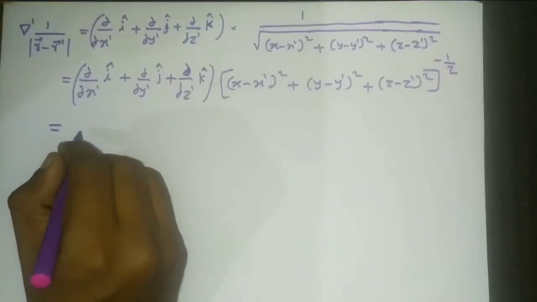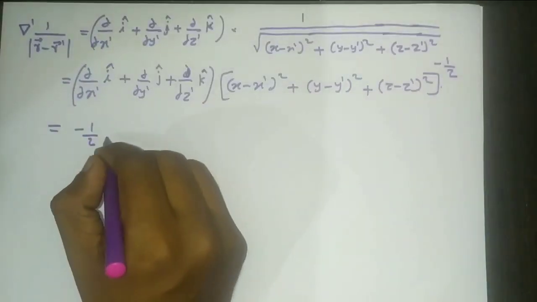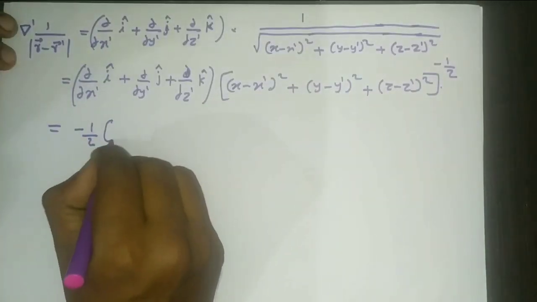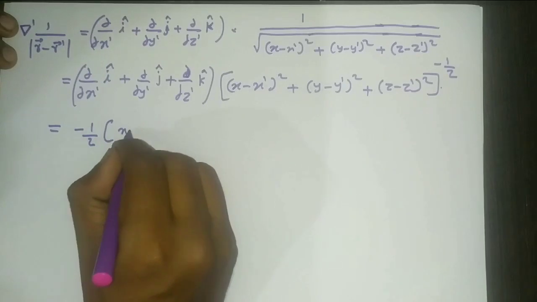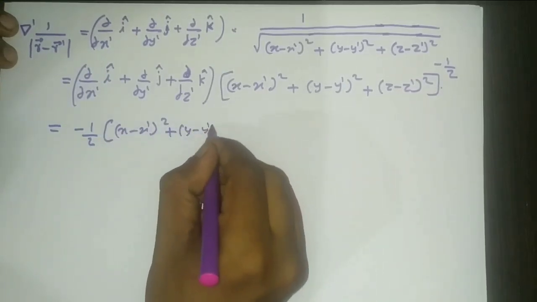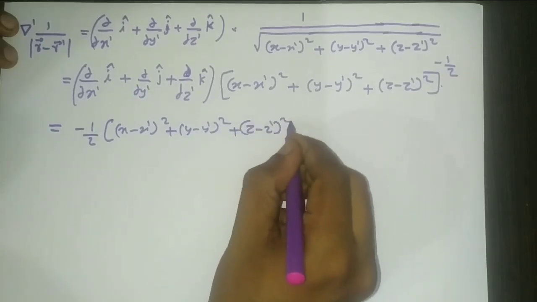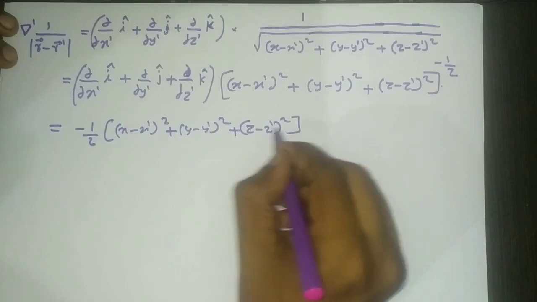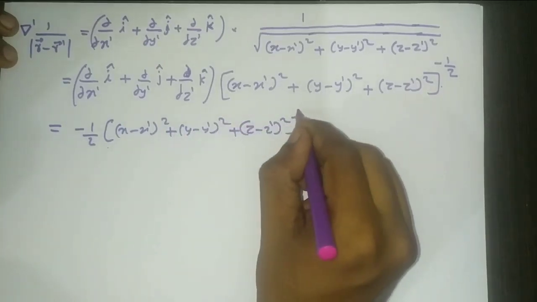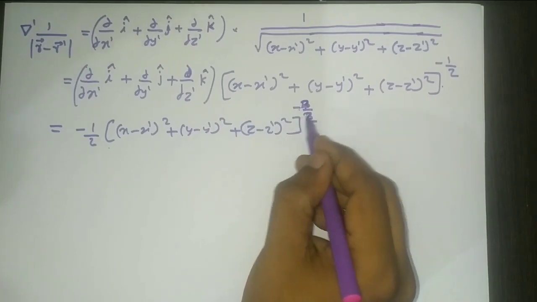That is minus 1/2 into n x raised to n minus 1, that is [(x − x')² + (y − y')² + (z − z')²] to the power minus 3/2.